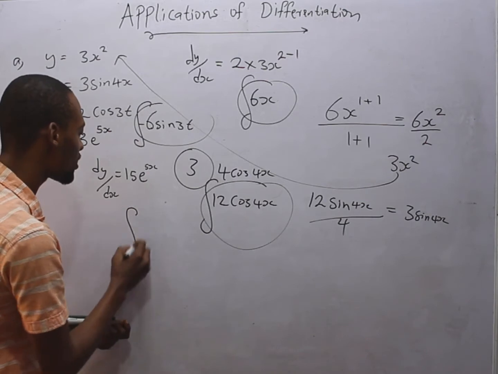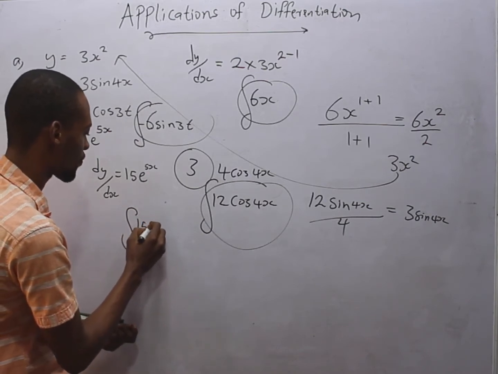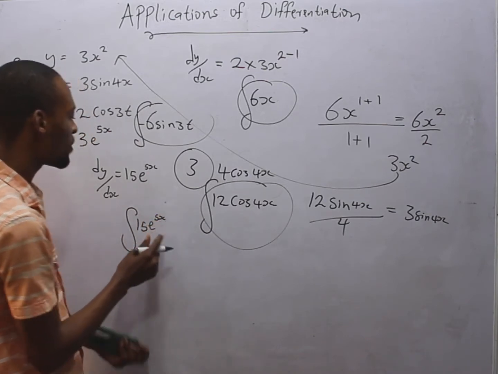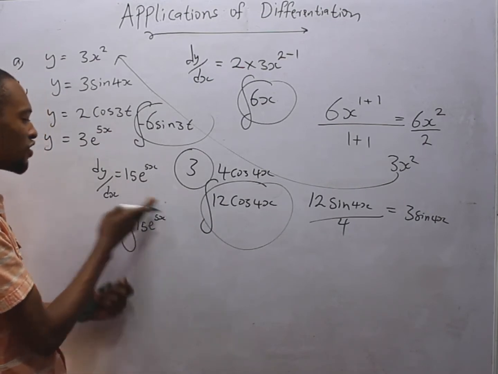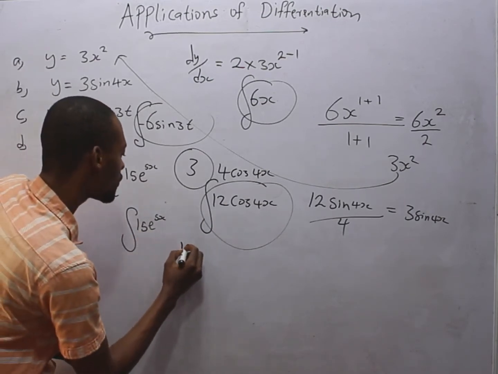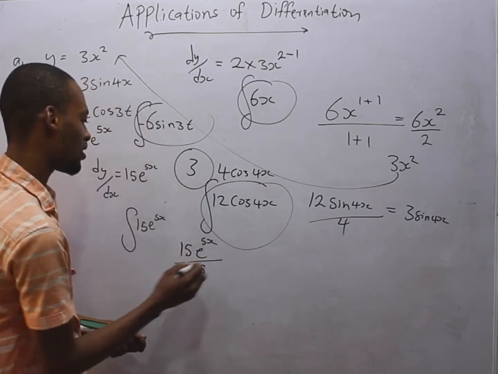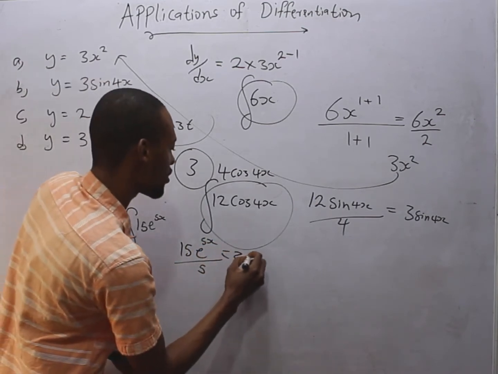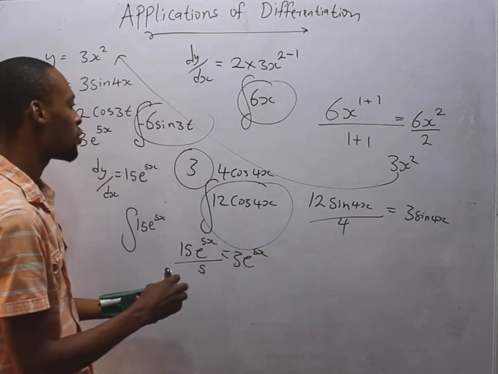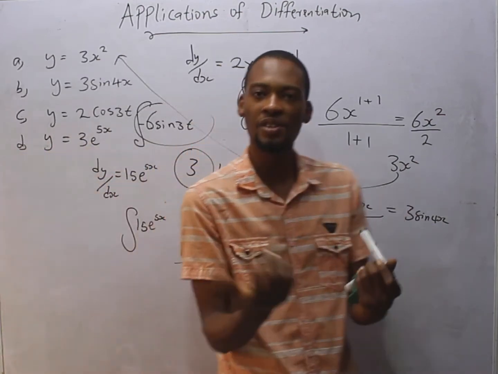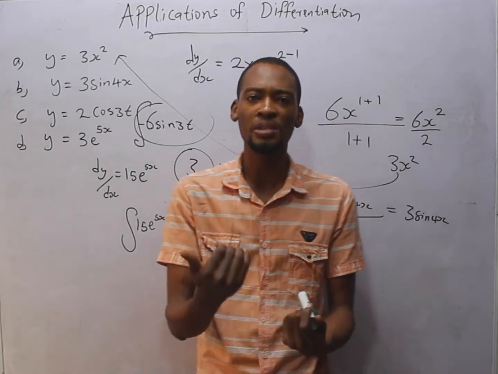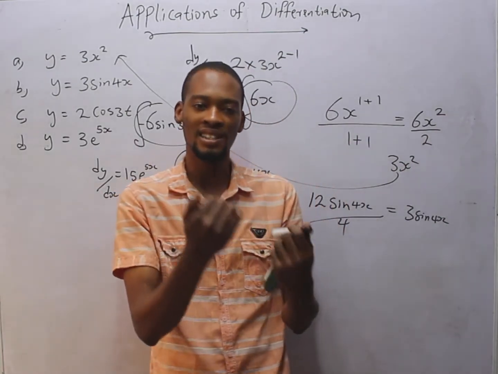To integrate this, we simply divide by 5 instead of multiplying to give you 15 exponential 5s divided by 5. This gives you 3 exponential 5s. So we've been able to revise differentiation and integration and the relationship between them.